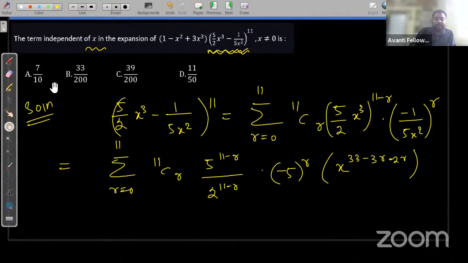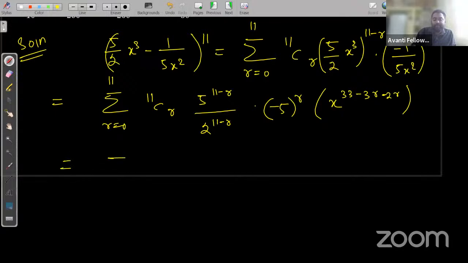So now let's again simplify. Summation r is equal to 0 to 11, 11Cr, 5 to the power 11 minus r into minus 5 to the power r. So we can write this as 5 to the power 11 minus 2r upon 2 to the power 11 minus r.